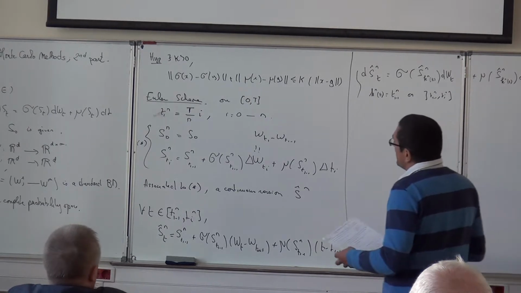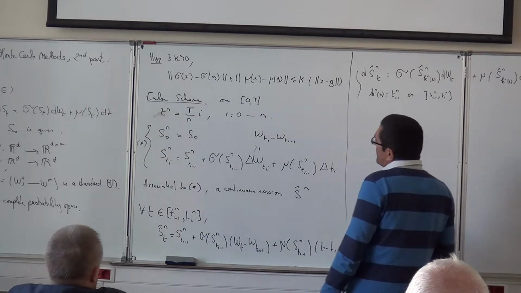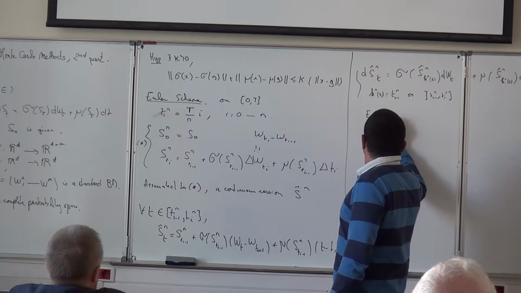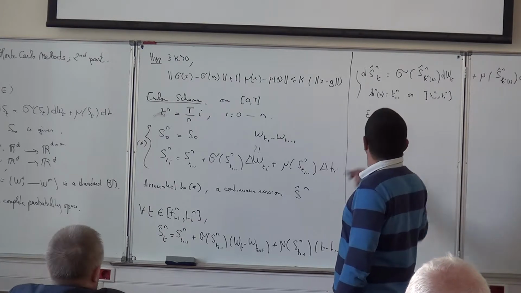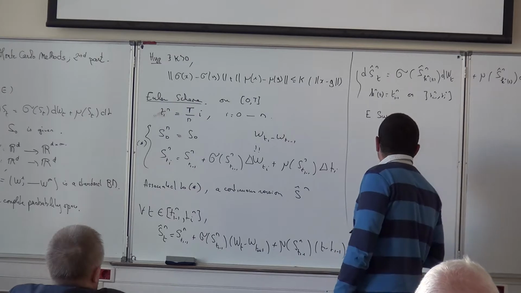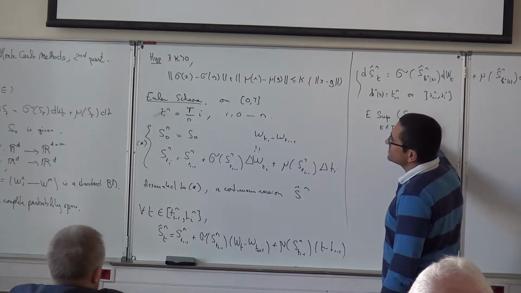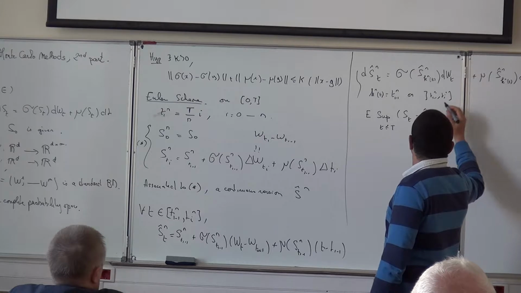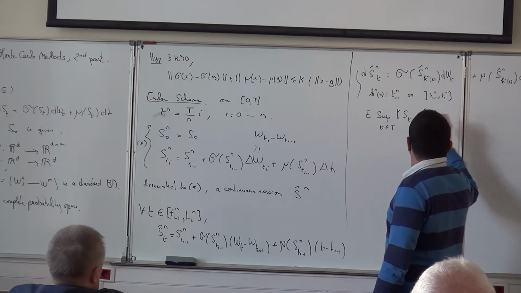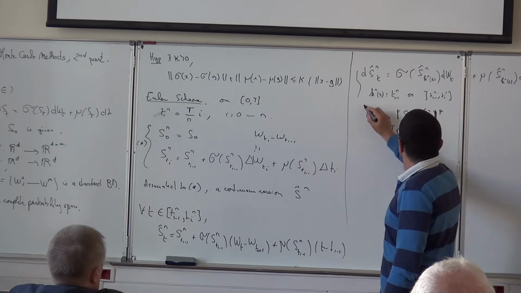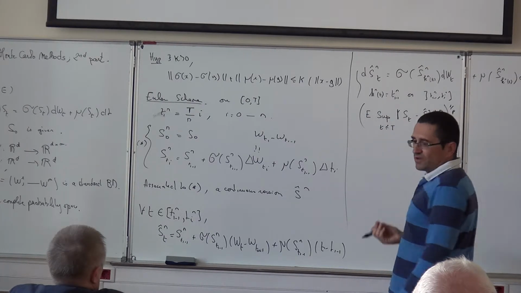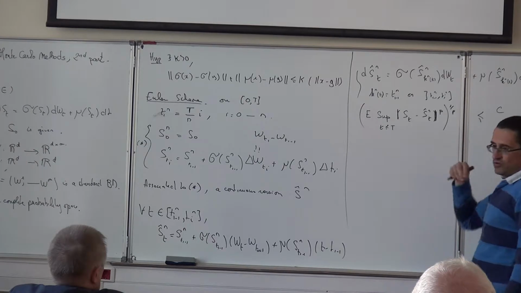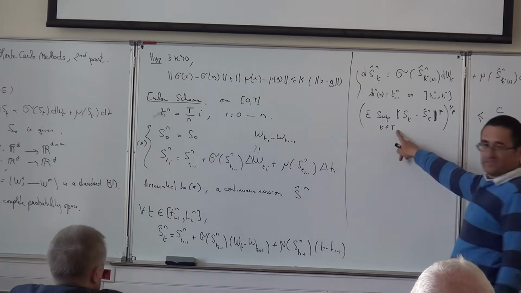This is the idea. And so the main result we have seen last time is that the expectation of the supremum over t less than capital T of S_t minus Ŝ^n_t, in its L^p norm, is less than some constant depending on the coefficients and on T also.